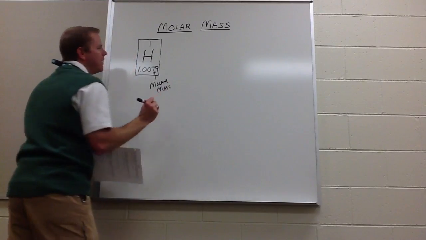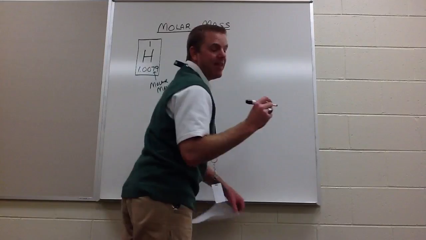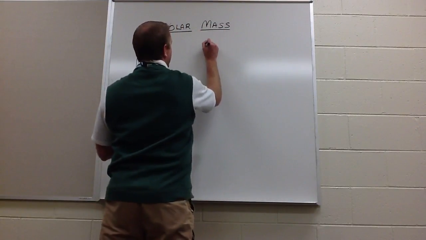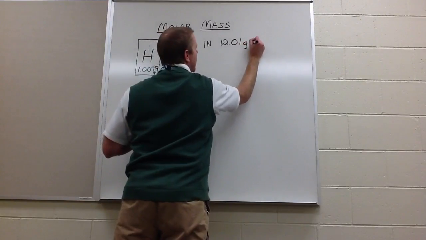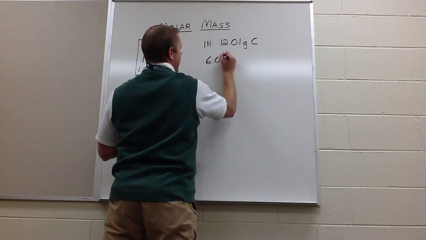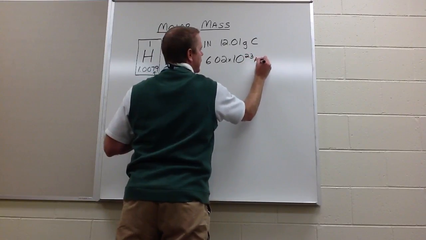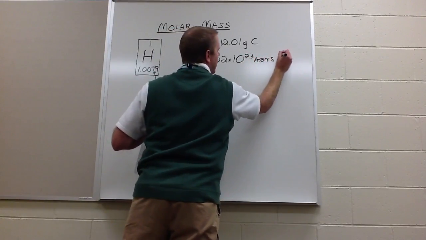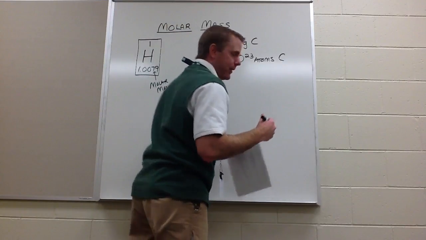Now, a couple of videos ago, I had a video talking about what is stoichiometry, right? And that video said that in 12.01 grams of carbon, there were 6.02 times 10 to the 23rd atoms of carbon, right? Well, these two things are equal to each other.